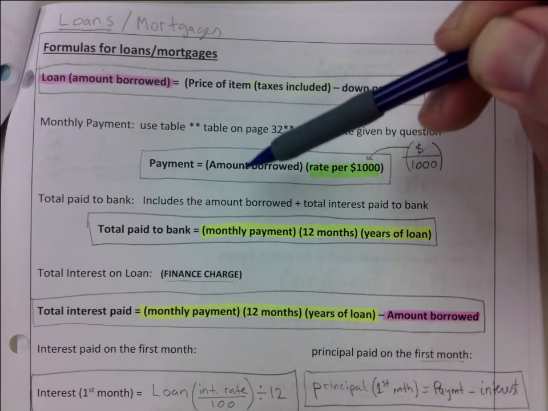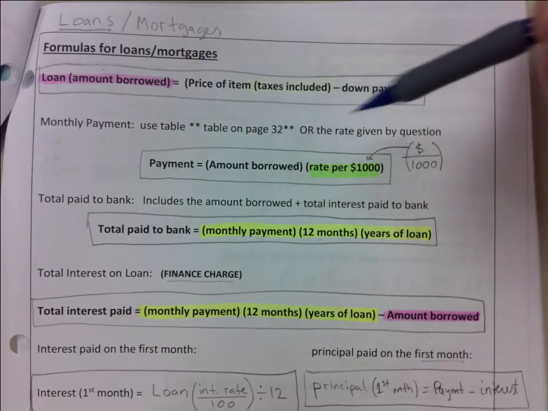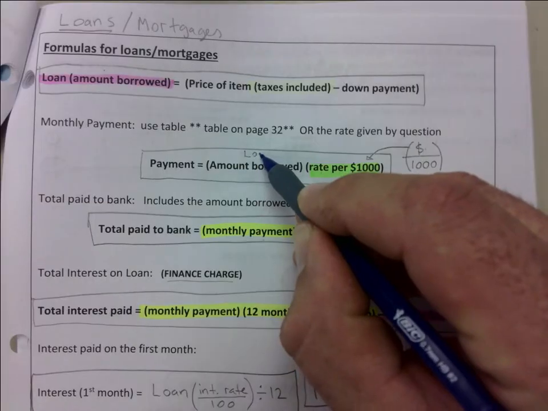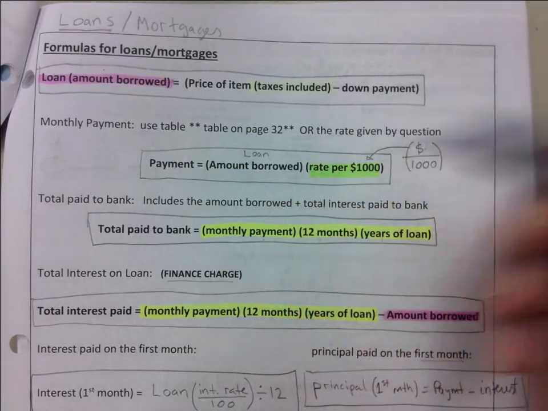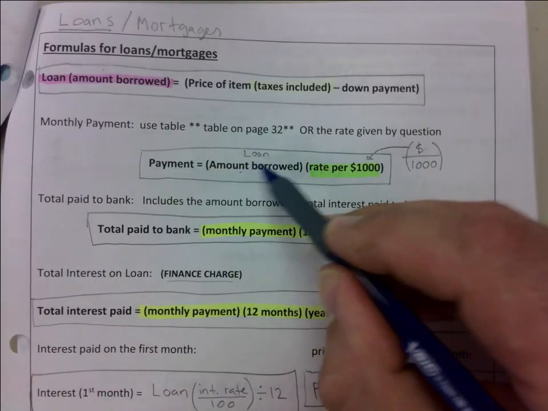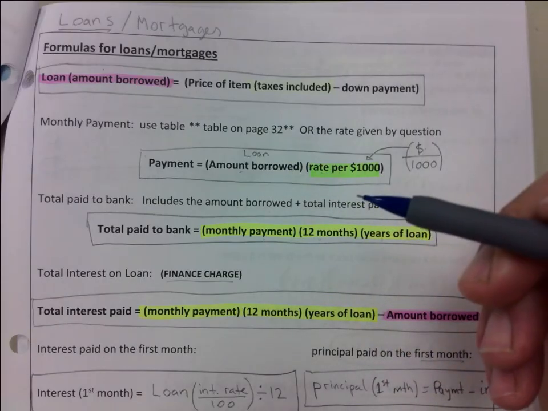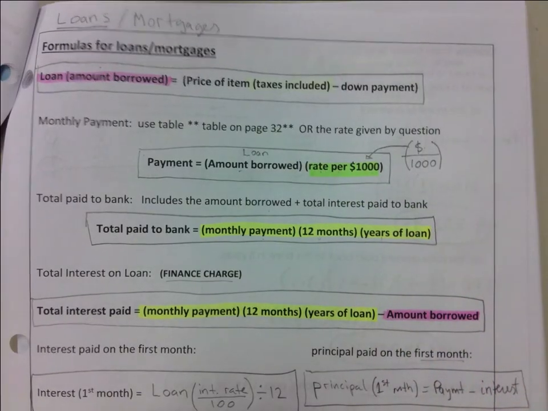So if you want to write in here, you want to write down loan above it on your study sheets. The amount borrowed is the same thing as the loan, okay? All right, I'm going to leave it there.